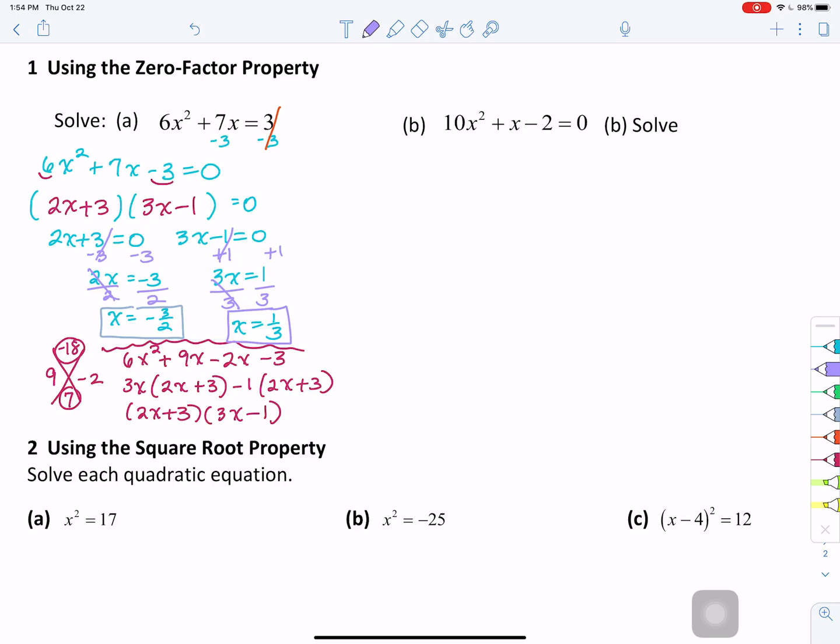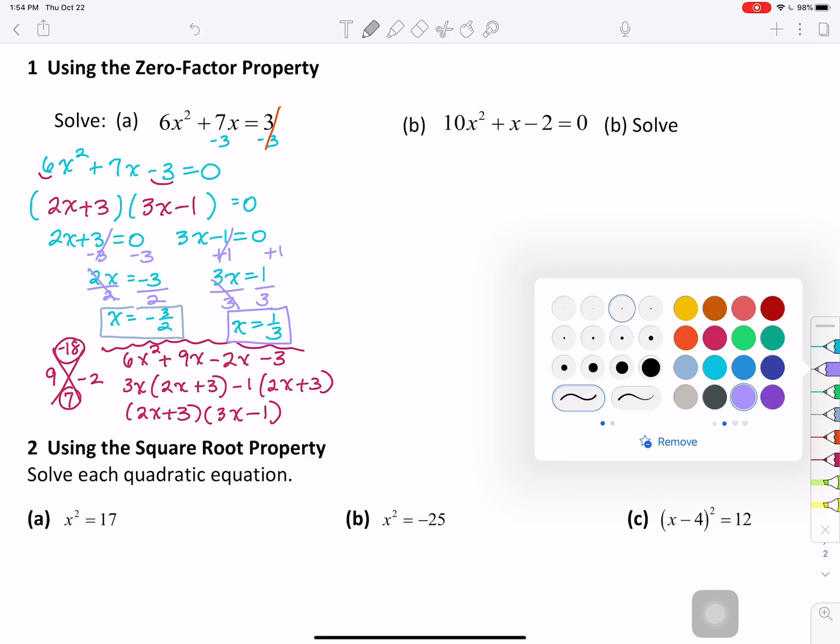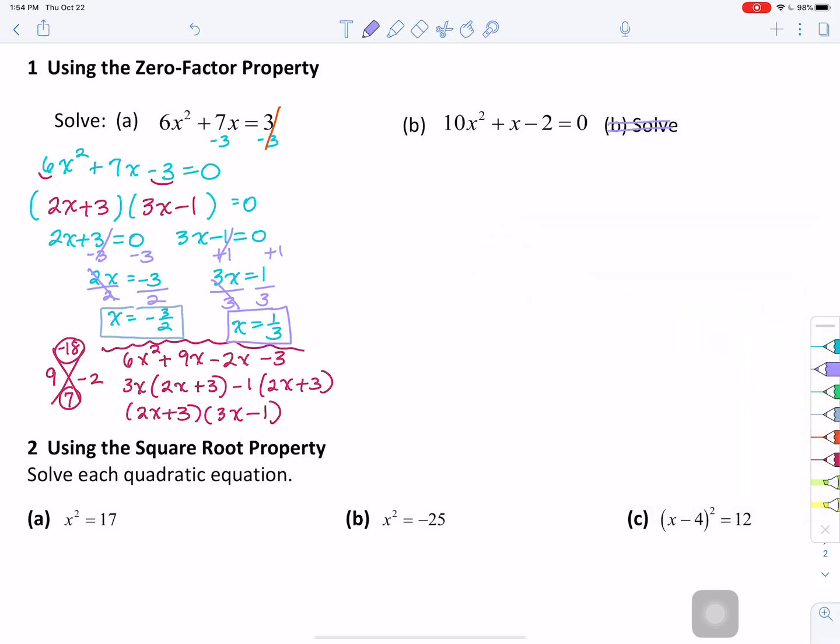You can actually plug those back in and check them to see if you got that correct. Okay, I don't know what this is saying here. I'm just going to cross that off. And let's go to B. 10x squared plus x minus 2 is equal to 0. We already have our equation set equal to 0.